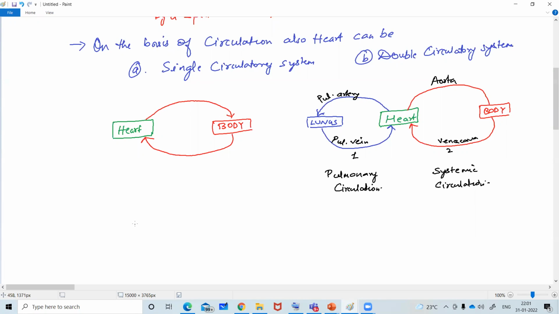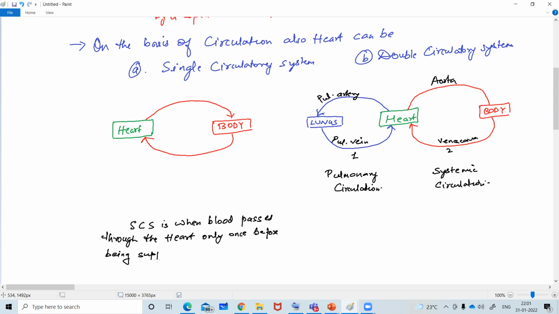You can say that single circulatory system is when blood passes through the heart only once before being supplied to any body part, right?